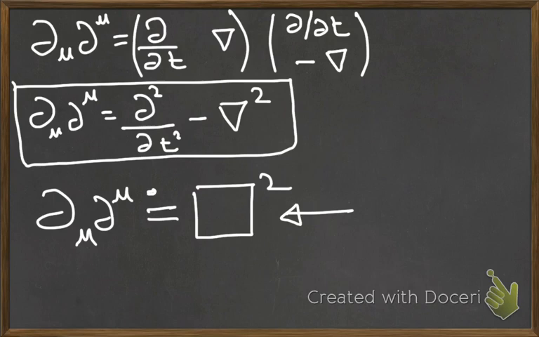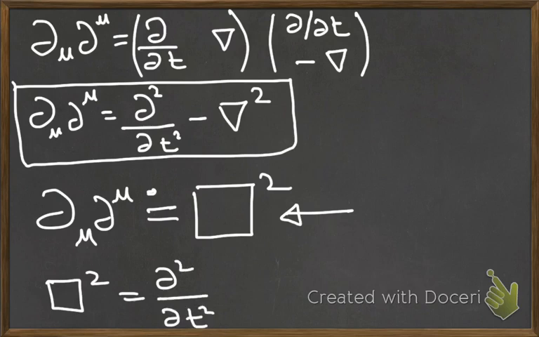Okay, so now I can write that my D'Alembert operator is equal to partial squared over partial t squared minus my Laplacian, right?